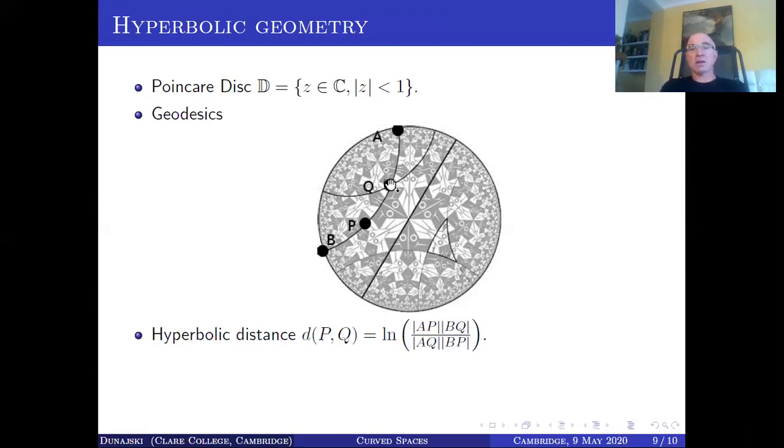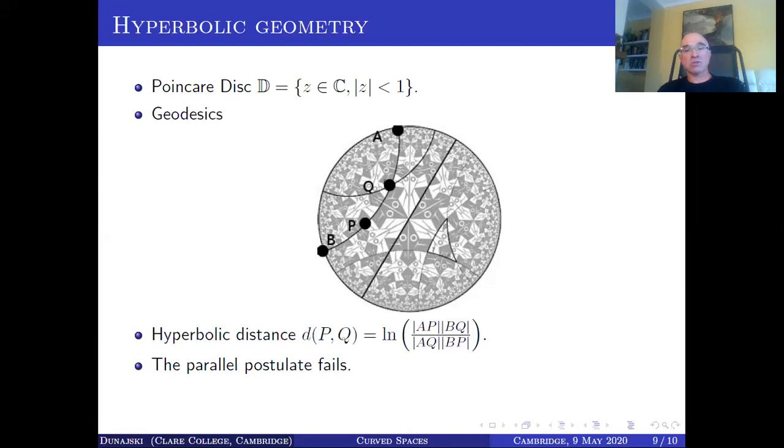Because, let's say we take point Q, you'll see that there are 2 lines, this one and that one, 2 geodesics on the disk, which go through Q, and they don't intersect this geodesic, which doesn't go through Q. In fact, there are infinitely many lines which go through Q but don't intersect the diameter. So that's a non-Euclidean geometry for you.